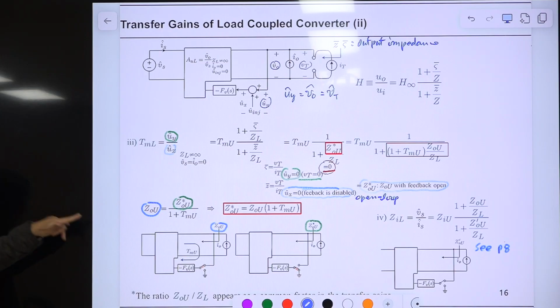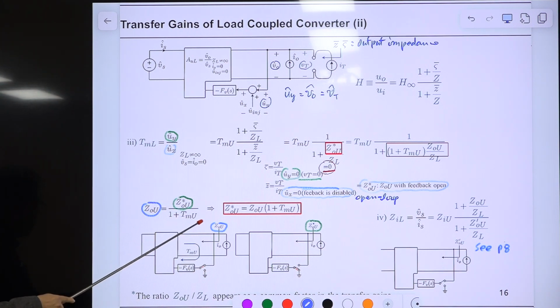In control theory, the closed loop transfer function is the open loop transfer function divided by 1 plus Tmu, okay? So this is the uncoupled converter, so we have U everywhere. So this is the open loop output impedance of the uncoupled converter, this is the closed loop output impedance of the uncoupled converter, and the relationship is this one.